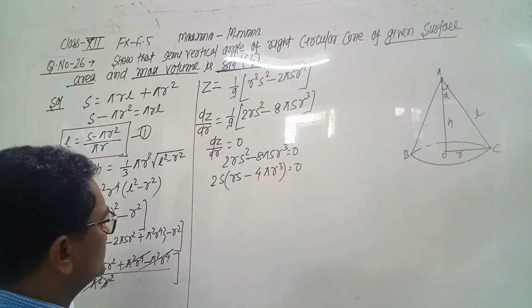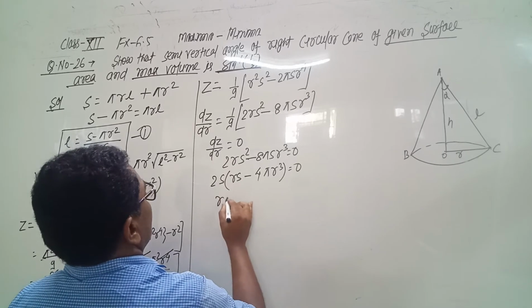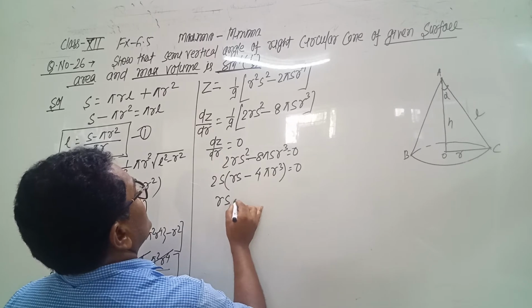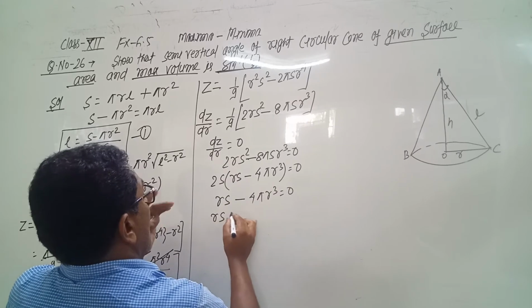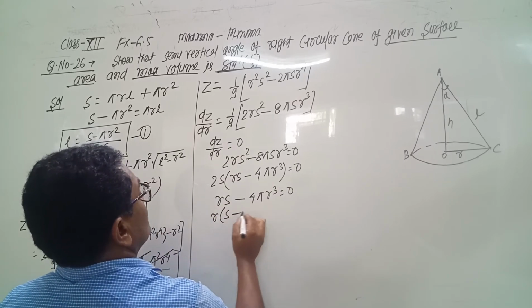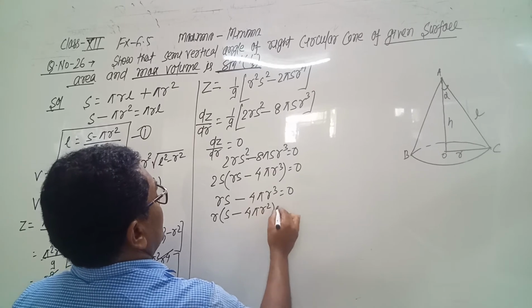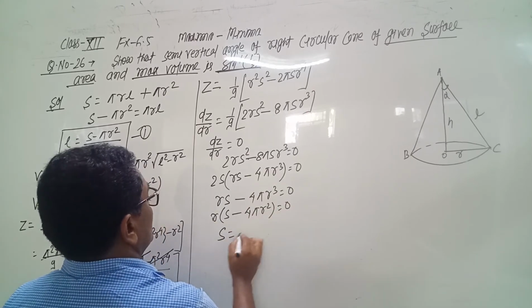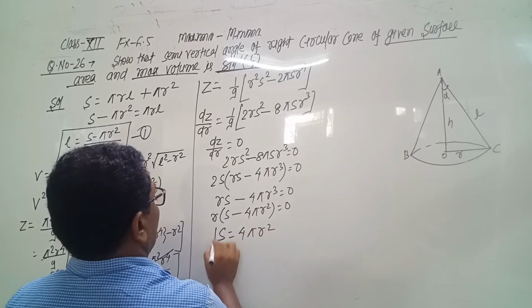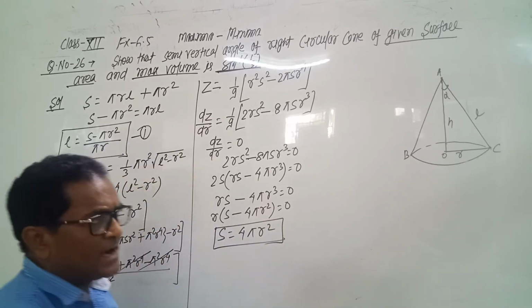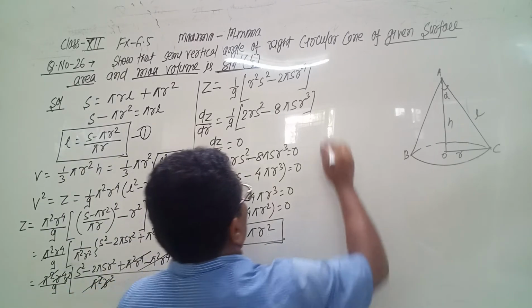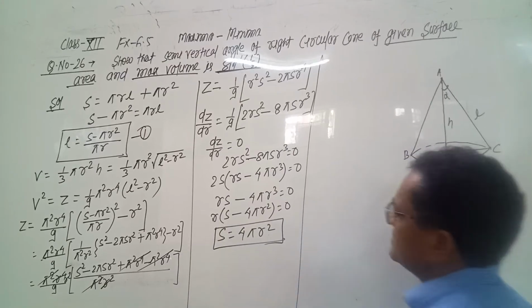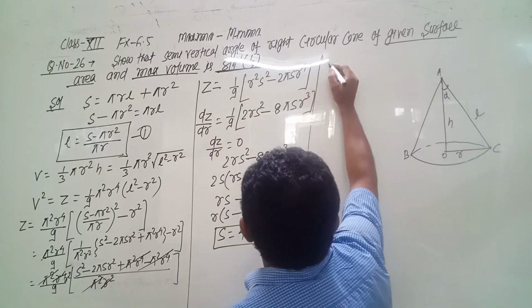This 2S becomes 0. So r S minus 4 pi r cube equals 0. Again r is taken common, so S minus 4 pi r square equals 0. This r again gives 0. So S equals 4 pi r square. We get the value of S as 4 pi r square. Now we differentiate again, d2z by dr square.